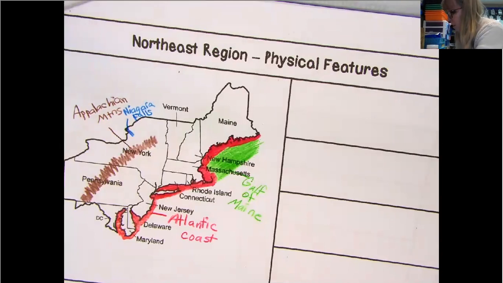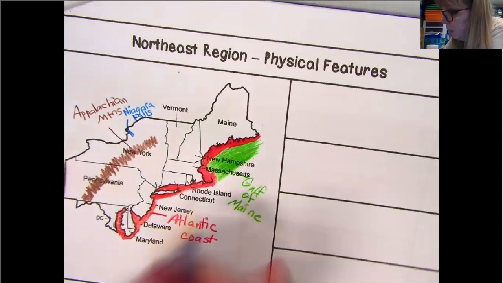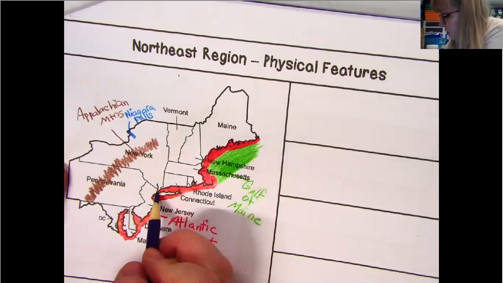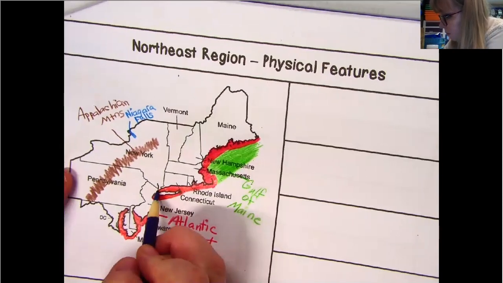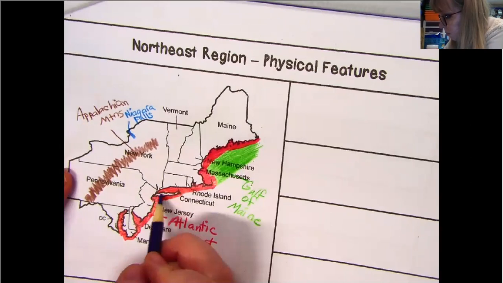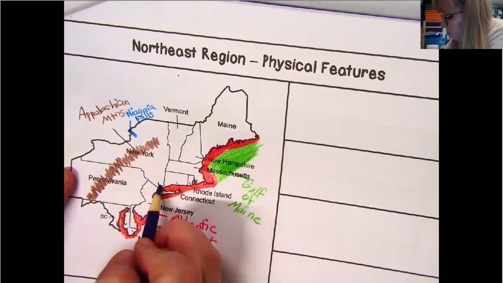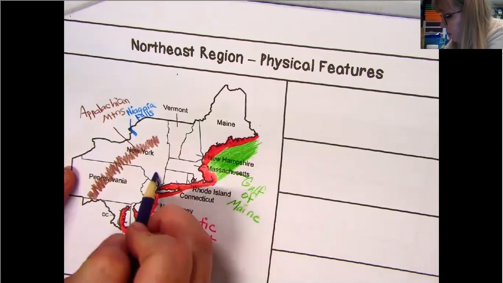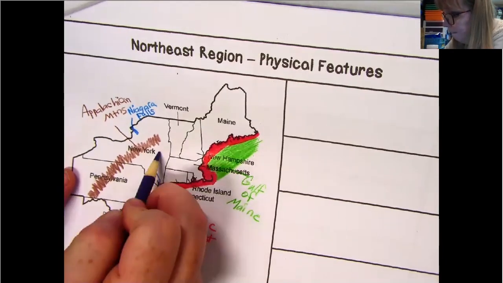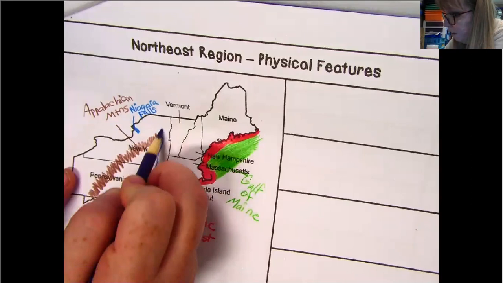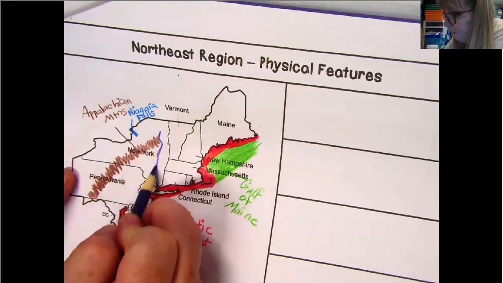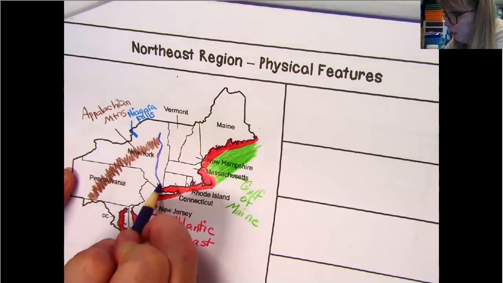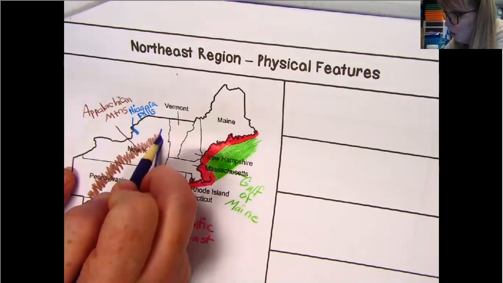Now we're going to draw in the Hudson River. Now this one is going to start down here next to the island, which is New York Island. This one's a little wavy. Okay, it's purple, by the way, not dark blue. I know it looks dark blue on this Elmo.